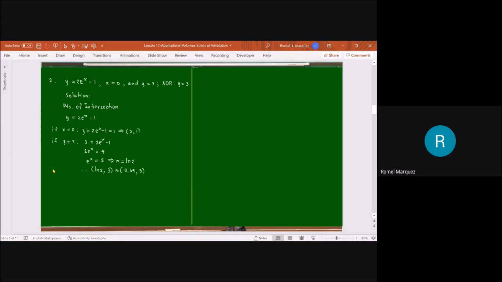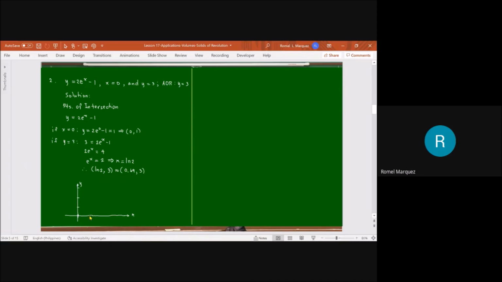Okay? So we are now ready to sketch the region. So let's have the region now. Okay? Yeah. So this is the y. And then we have maximum y of 3, 1, 2, 3. So let's have up to here, 3. And then along x, we have 0.69, ln 2.